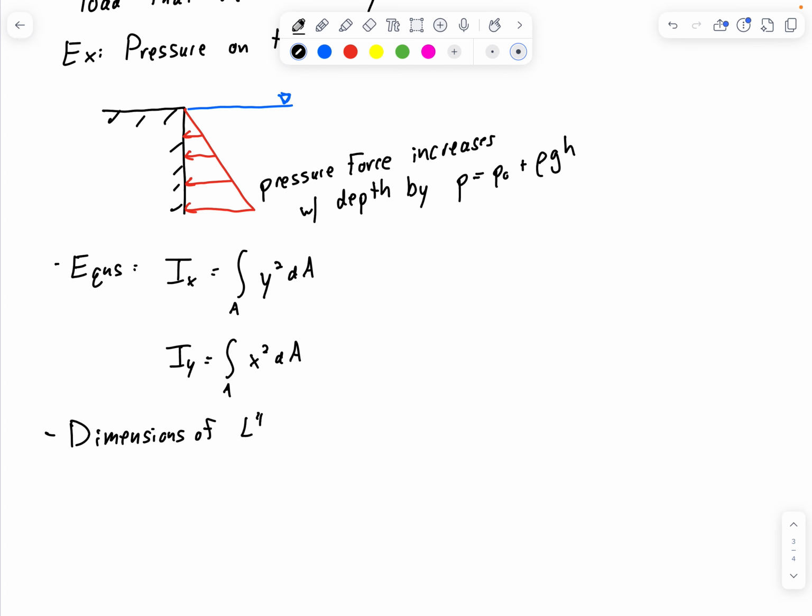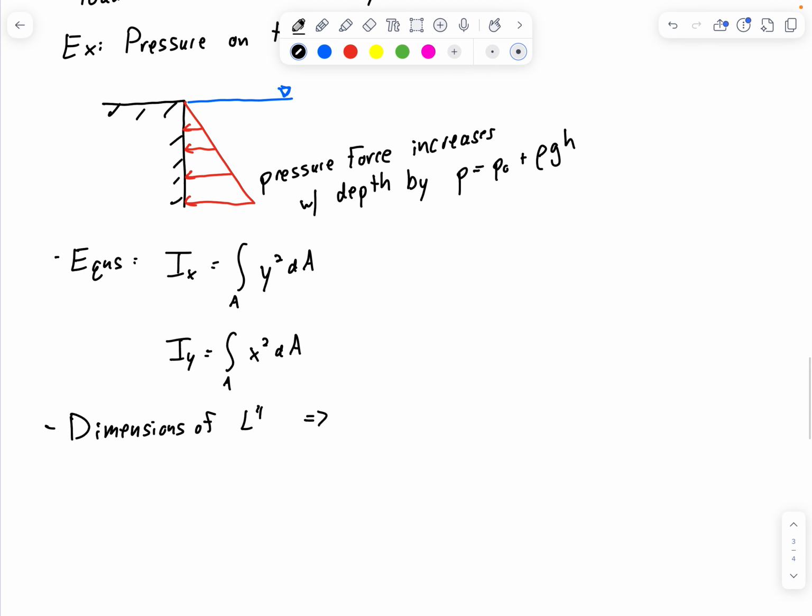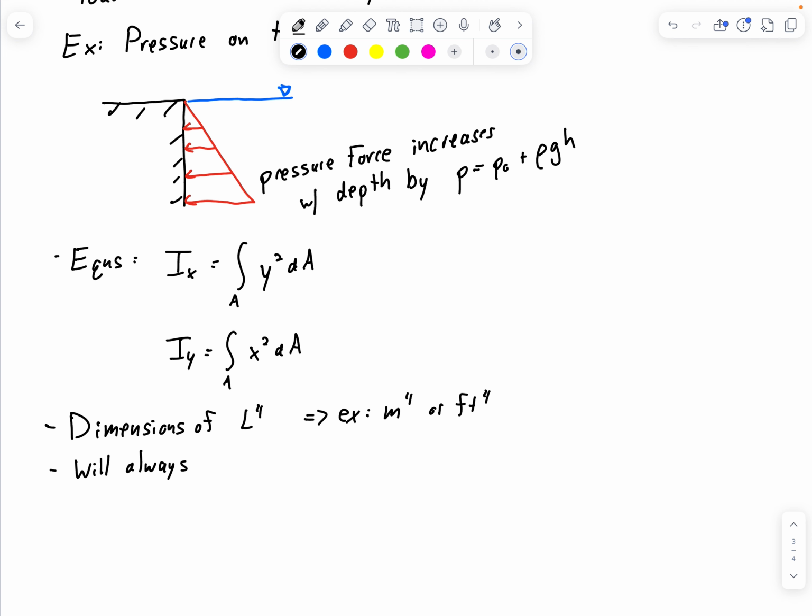We have x squared, some distance which is squared, multiplied by an area. That would give us length to the fourth. So for example, we would have meters to the fourth, or feet to the fourth. One other thing to note about the moments of inertia is that they will always be positive, because the distance is raised to the power of 2, and therefore this term will always be positive.